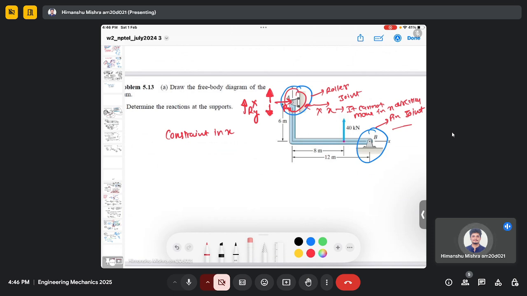But there is no reaction force in the vertical direction because it can move in the vertical direction. So in the roller joint, one direction is constant. Here I am talking about translation motion.